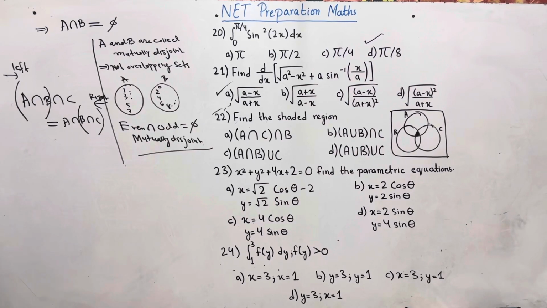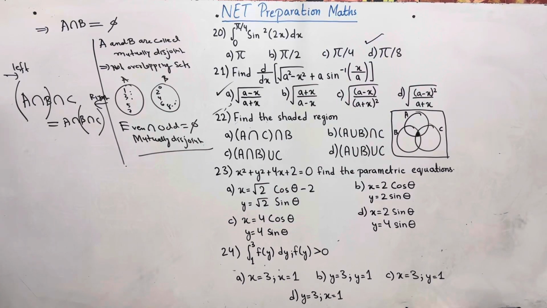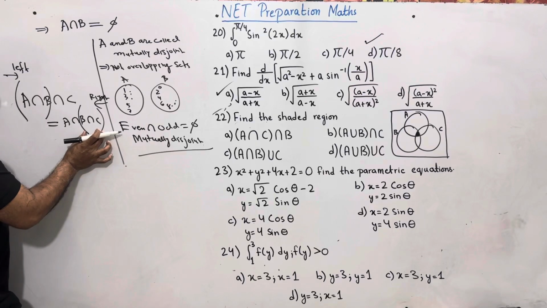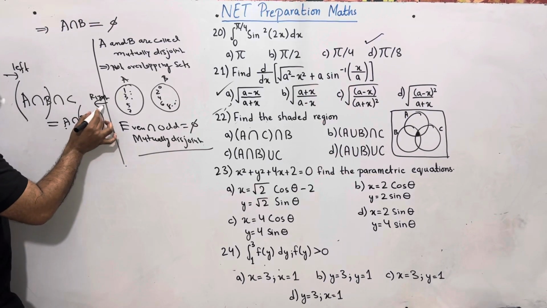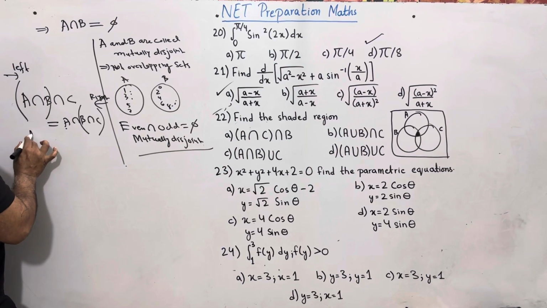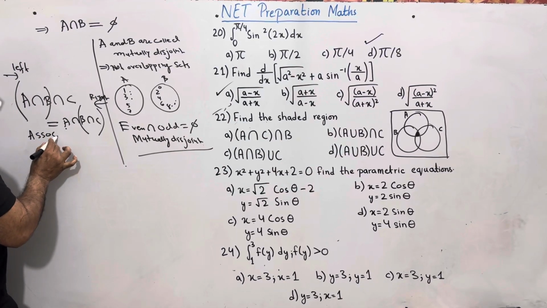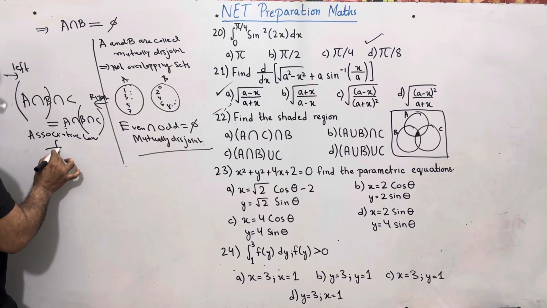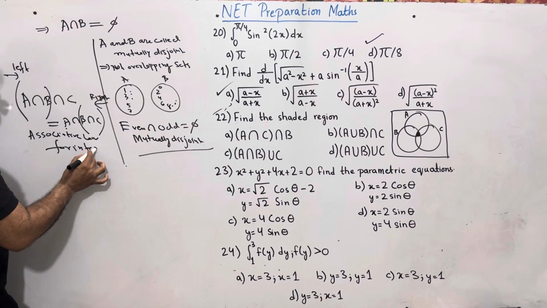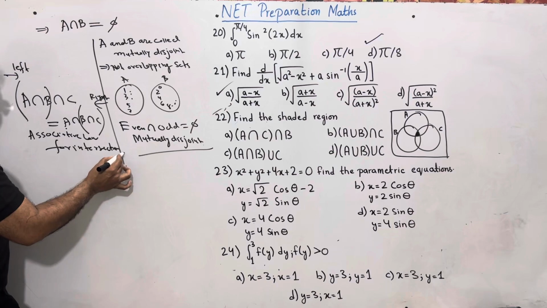First find A intersection B, starting from the extreme left, then intersect with C. And this one, first find B intersection C, then with A, starting from the very right. This is known as the associative law for intersection.